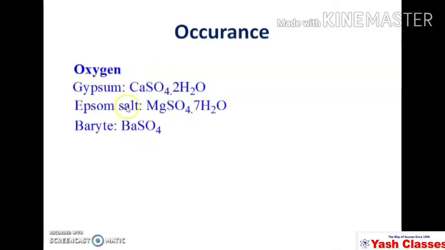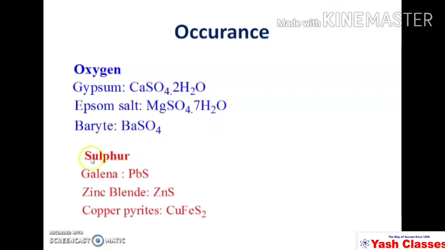So these are the minerals of oxygen. Gypsum, that is calcium sulfate dihydrate, then Epsom salt MgSO4.7H2O, that is magnesium sulfate heptahydrate, and barite, which is barium sulfate. These are the salts of sulfur or minerals of sulfur.